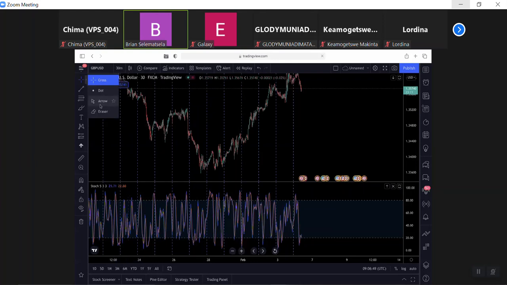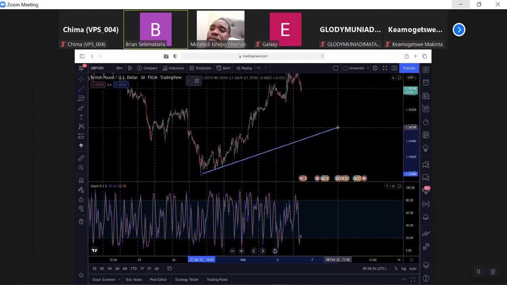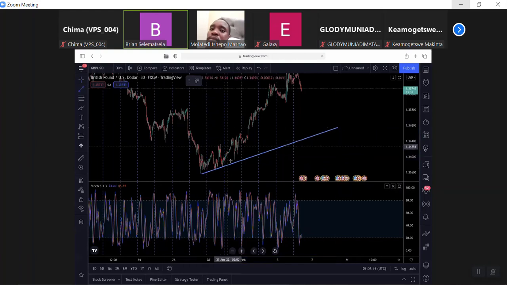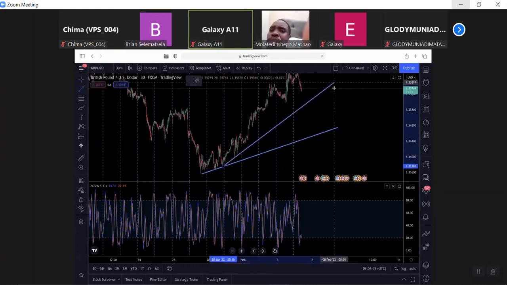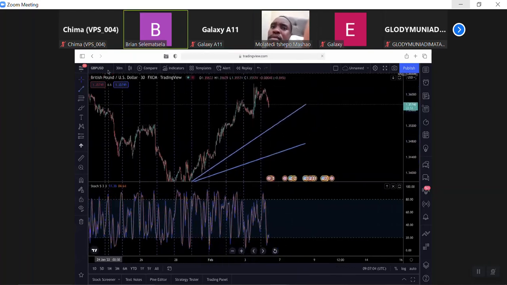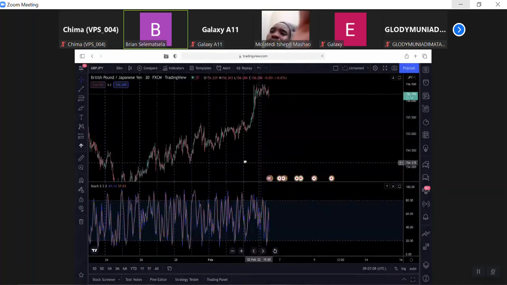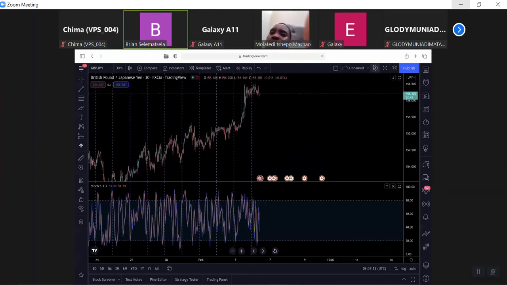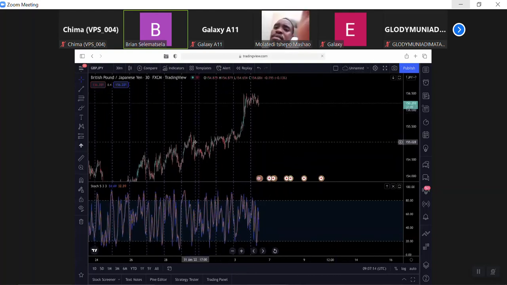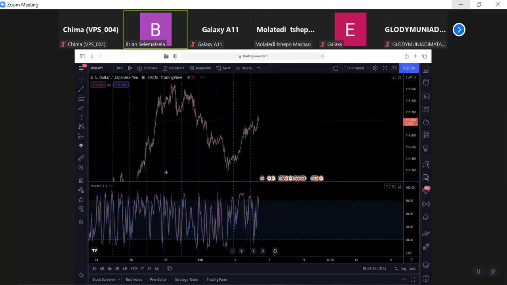Okay, what we can use here is this one, but here the market hasn't broken this line. So I want us to look for something that is very clear. If you're not seeing a footprint, if you're not seeing something that is clear, don't force yourself to see something that is not there, okay? Because you'll end up making mistakes.